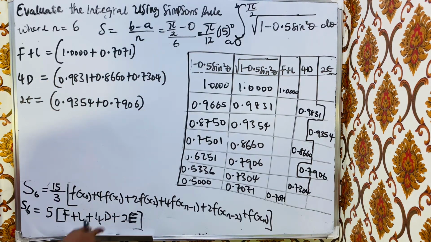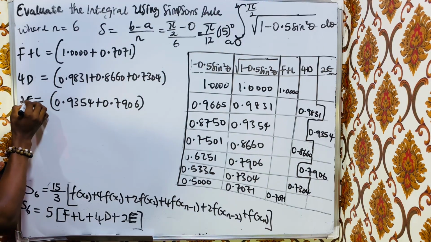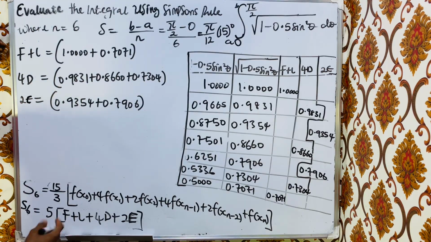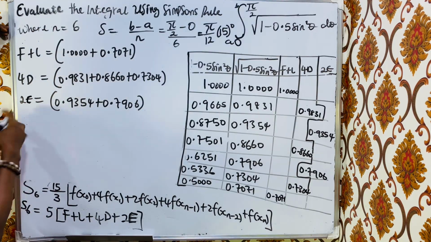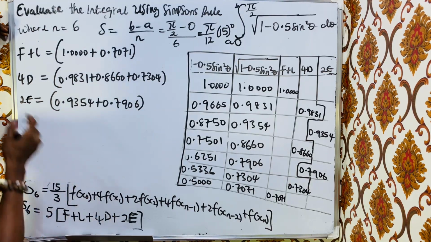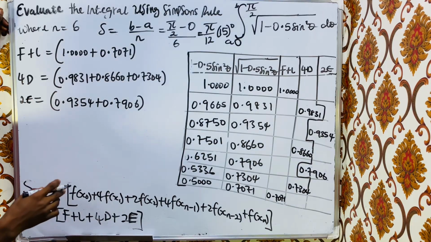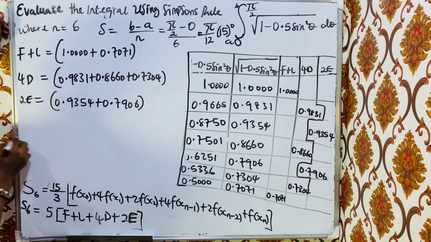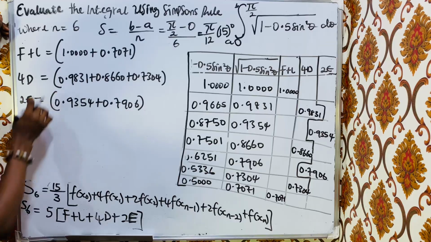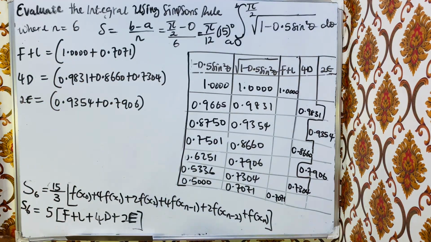But I like putting it 2 times even number. Because if you write it 2 times RE now, it will be like so. Or anyone can just decide to write it 2 times r. So you know that r is the remaining even number. So we are going to add these things and get our answer.